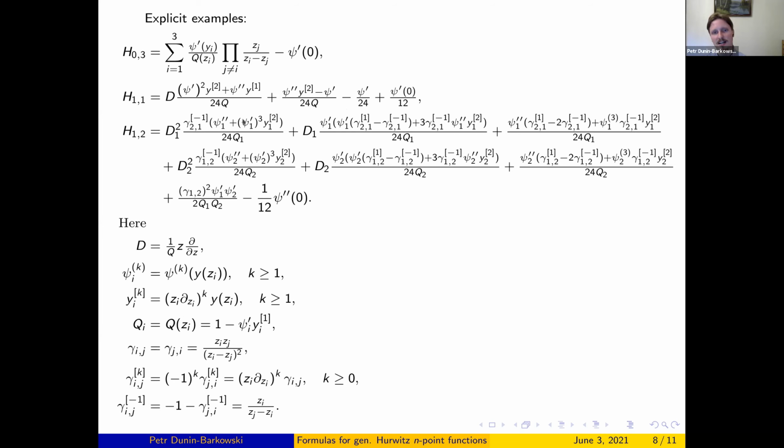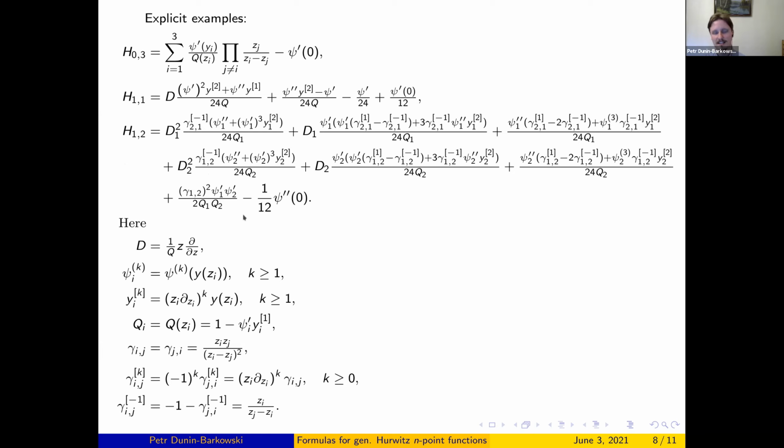For given g and n, this program can obtain explicit answers of this sort, where, like I said, we haven't specified anything about psi and y. They are just formal power series. You see that the expressions start to be quite large when g and n grow, but this is all very explicit.